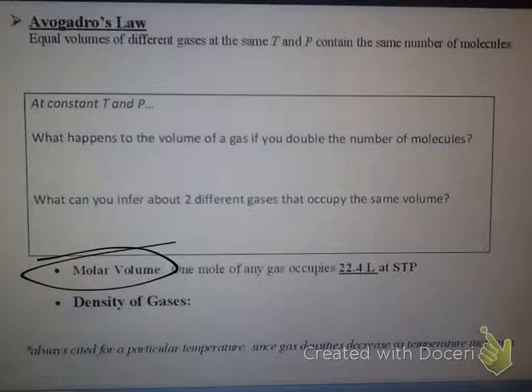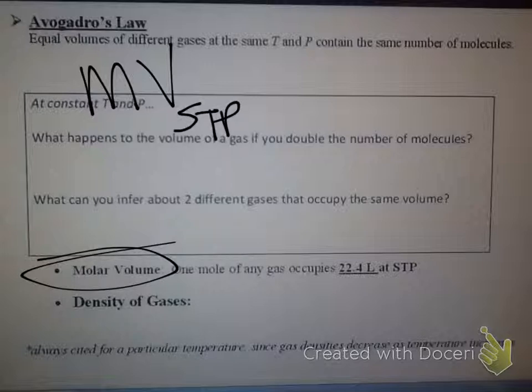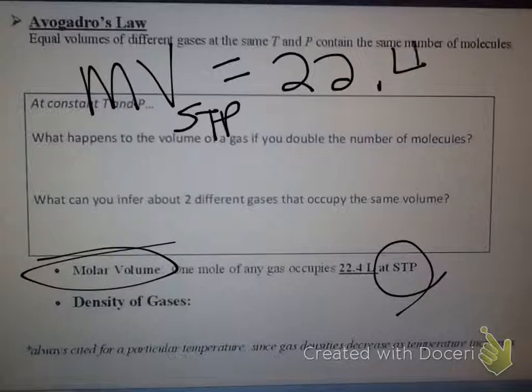Let's look at something called molar volume now, because Avogadro defined something called the molar volume of a gas. It turns out that if you're at STP, which means standard temperature and pressure, 1 atmosphere, 273 Kelvin, if any gas is at standard temperature and pressure, if you have 1 mole of that gas, it will always occupy 22.4 liters of space.